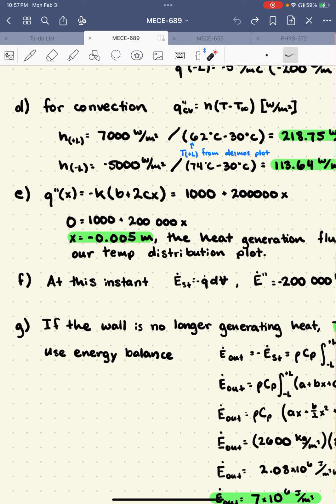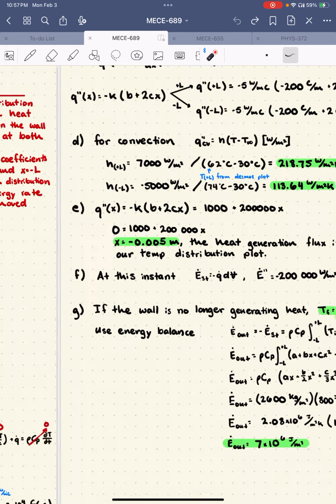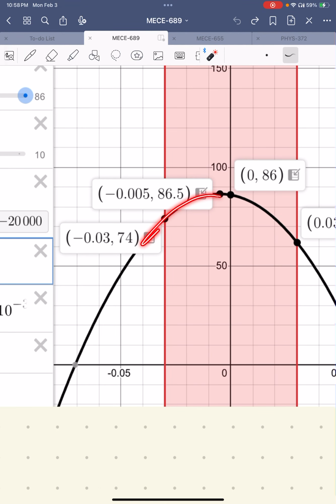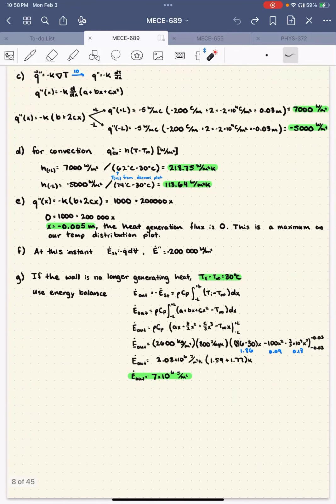And so solving this equation for 0, we get that x is equal to minus 0.005 meters, which in our temperature distribution plot is the maximum. So this is what we would expect by taking the derivative and solving for it at 0.